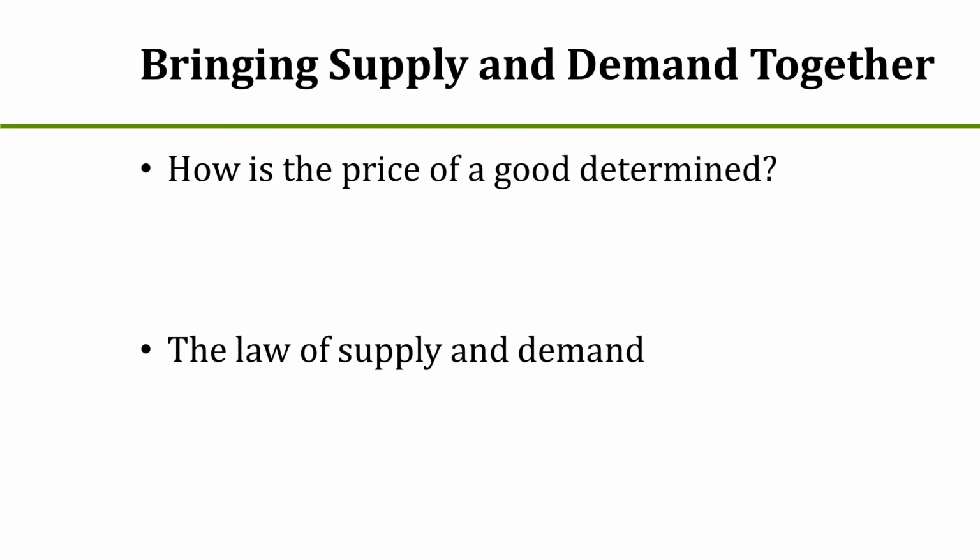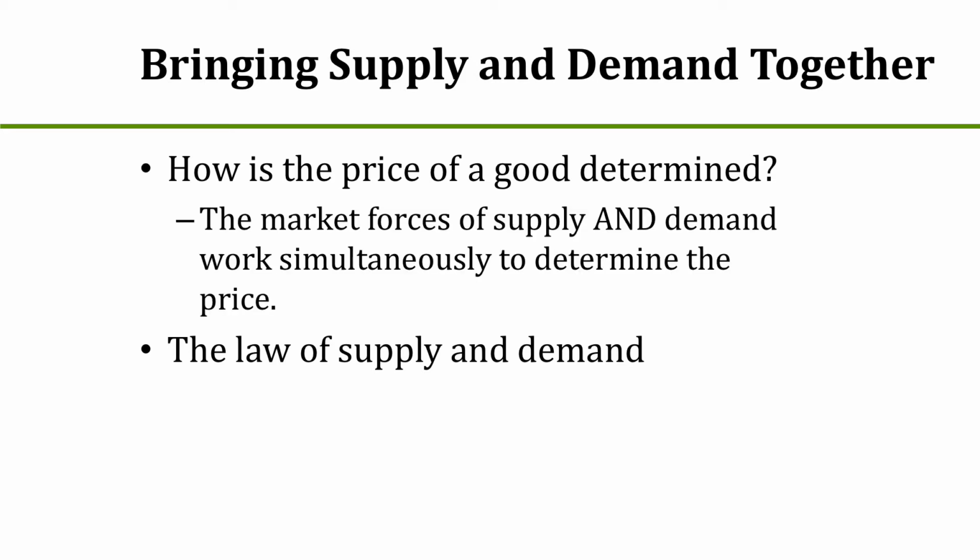Right now we are going to bring supply and demand together, and we will try to understand how we generate the equilibrium price and the equilibrium quantity in the market. So how is the price of a good determined in the market? The market forces, which are supply and demand, will work simultaneously to determine the price. And if we decide on the specific price by using the supply and demand forces simultaneously, we can also decide on the equilibrium or the market quantity.